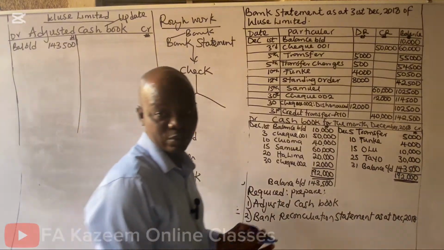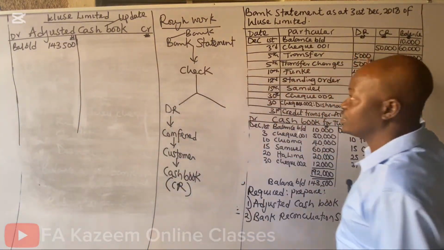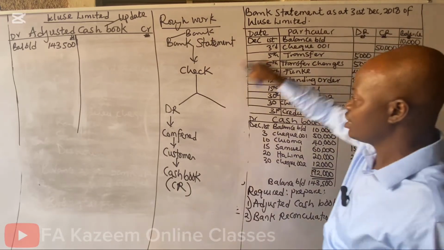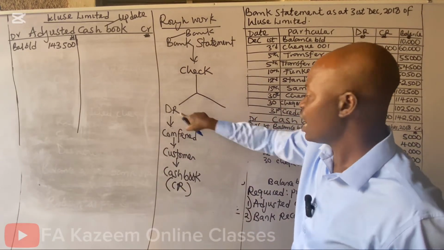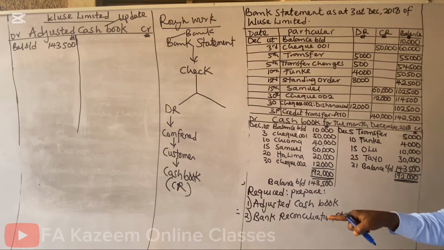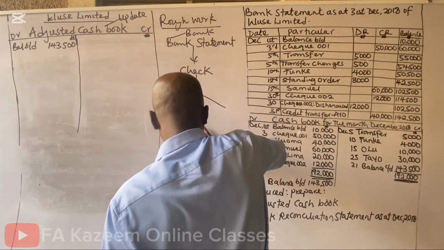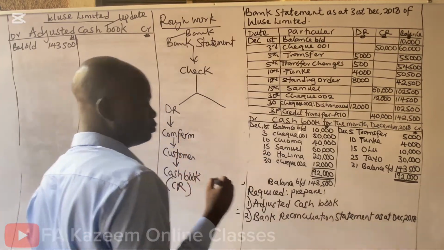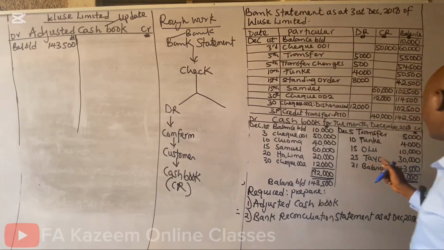Please, let's follow. The first item on the debit side is 5,000 in the bank statement. I'm checking the debit side. I will now do confirmation. I'll confirm it on the credit side.